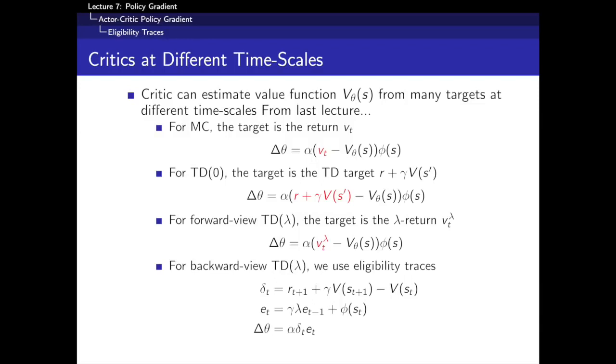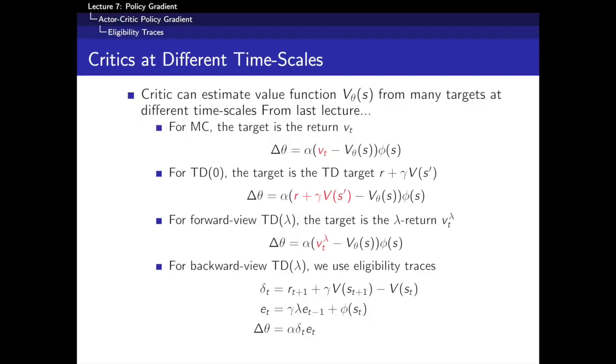So if you remember from last lecture, we had a choice of things that we could plug in when you were updating your value function approximator. You could plug in the return. You could plug in your one-step TD target. You could plug in your lambda return. You can make any of these the target for your updates.